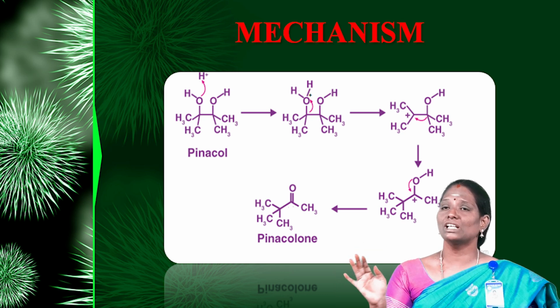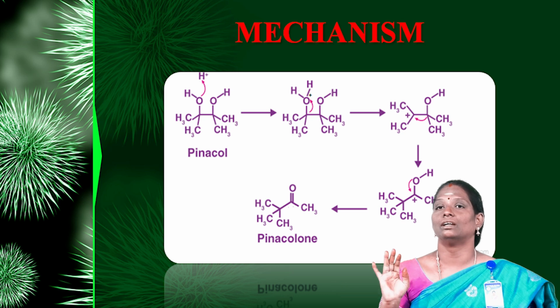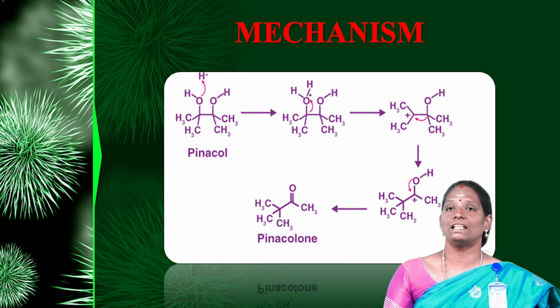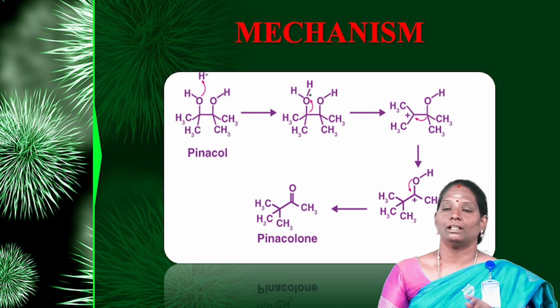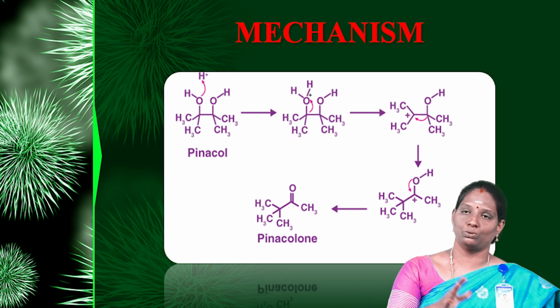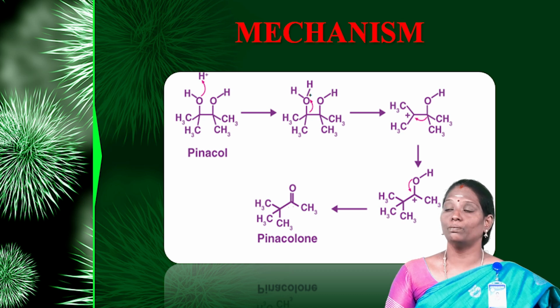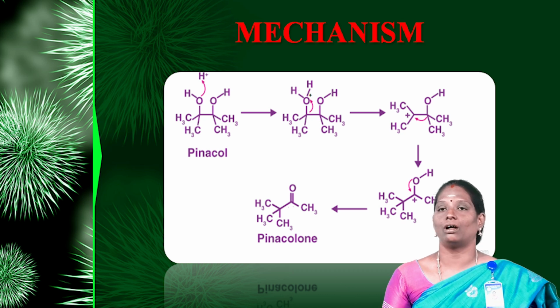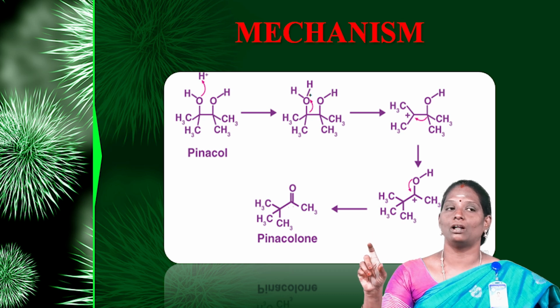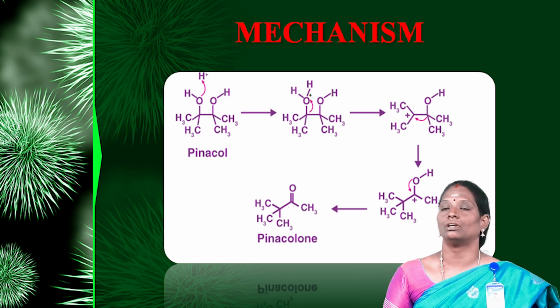Usually, sulfuric acid is considered. It breaks down to form an H plus cation and a sulfate anion. The cation thus released is attached to the hydroxyl group present in pinacol. Therefore, the hydroxyl group in the pinacol is protonated.